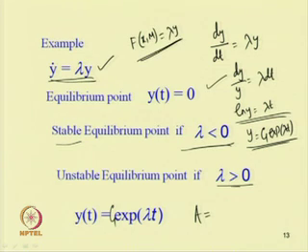So, instead of writing x, as our variable is y, we write del f by del y, so A equal to lambda. From this one can find the eigenvalue, and we have seen that if lambda is less than 0 it is stable, and if lambda is greater than 0 it is unstable.